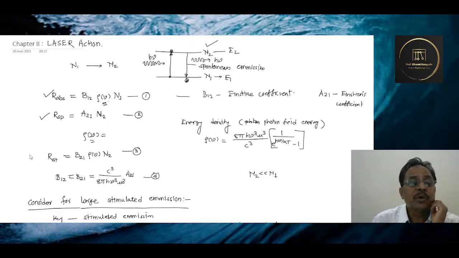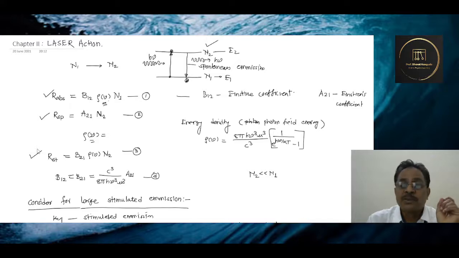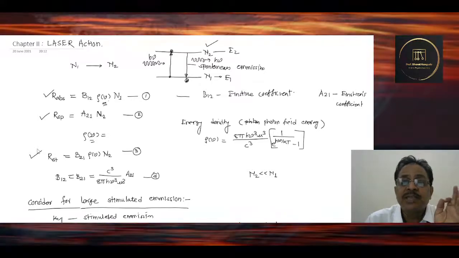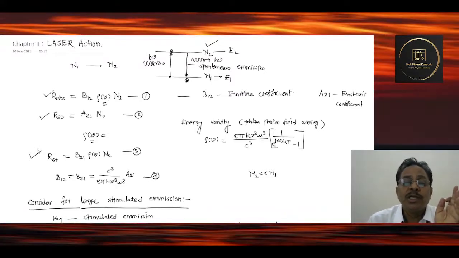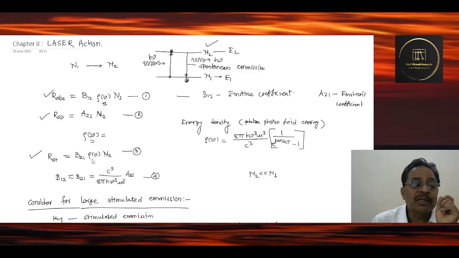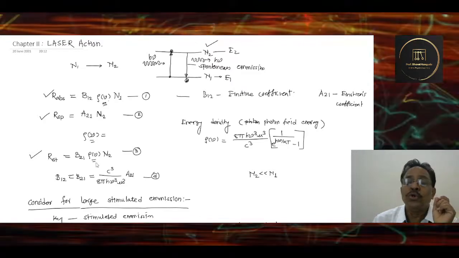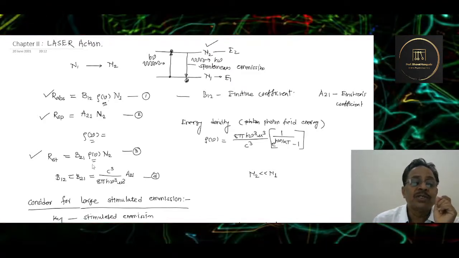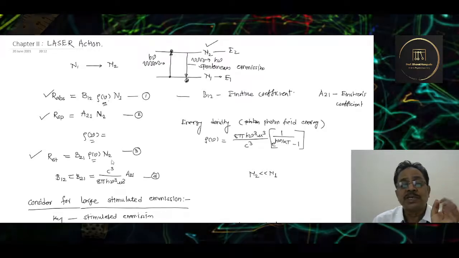There is a third type of transition, that is called the stimulated emission. Stimulated means we require something external to carry out this type of transition, and therefore another factor comes here, that is again given by rho nu. So this time this coefficient, RST, is proportional to rho nu, as well as proportional to the number of atoms found in the excited state.